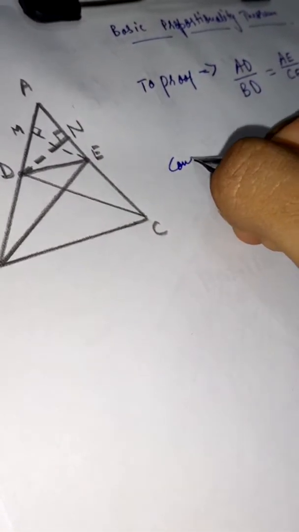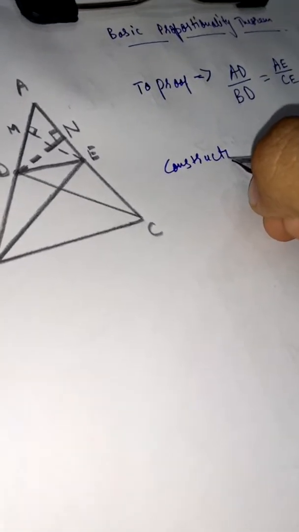Now we have to write about the construction we have done. First of all, join BE and CD.